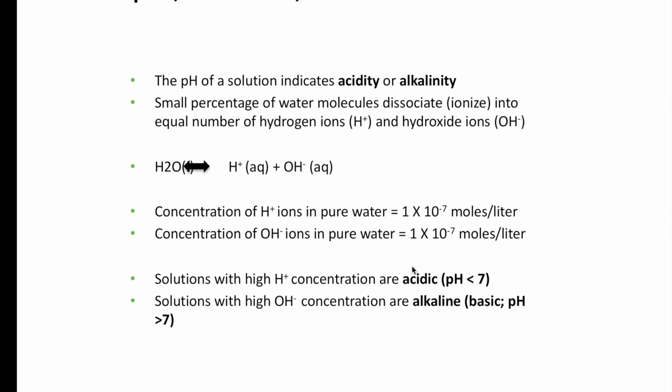At lower pHs, the H plus ion concentration goes up higher than 1 times 10 to the minus 7, and that causes the pH to go down below 7. And at higher pHs, the OH minus concentration goes up, and those are higher pHs.